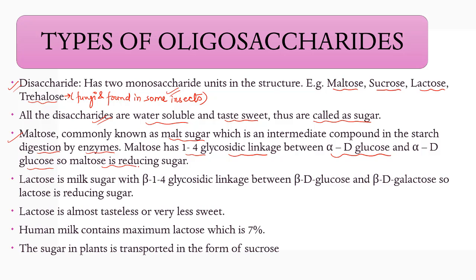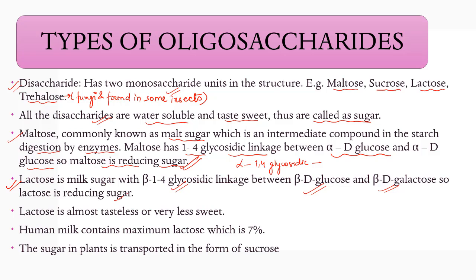So maltose is a reducing sugar. Maltose shows alpha 1,4 glycosidic linkage and has a free aldehyde group, that is why it is reducing in nature. Lactose is a milk sugar with beta 1,4 glycosidic linkage between beta D glucose and beta D galactose.